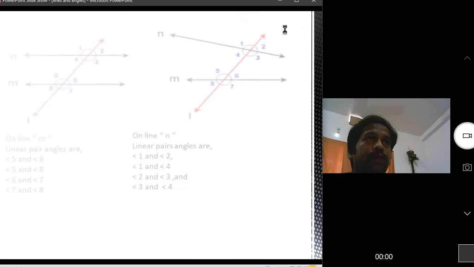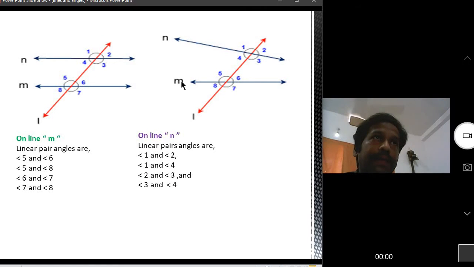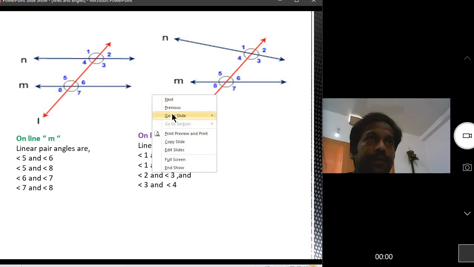First of all we'll discuss what is a parallel line. Here in this figure, this is called the parallel line.